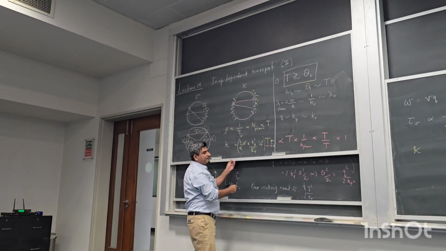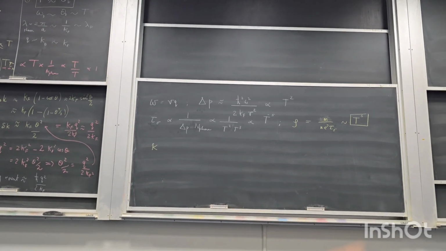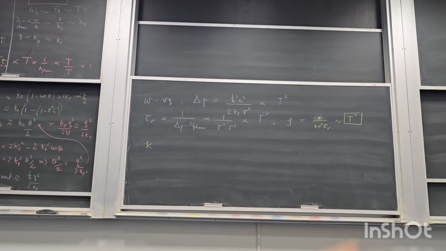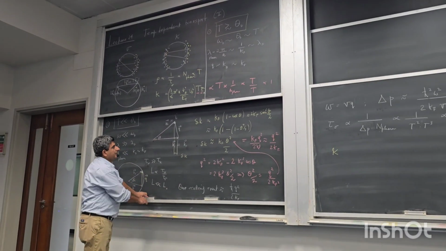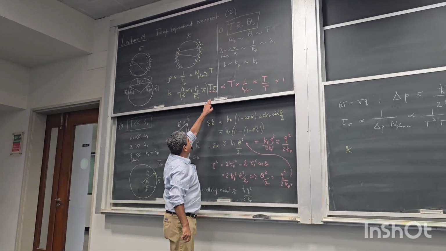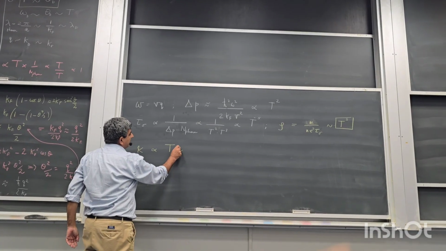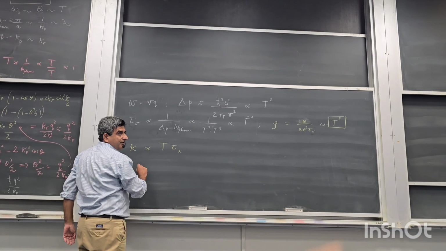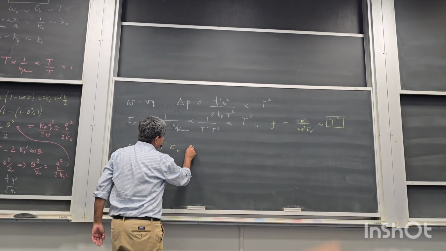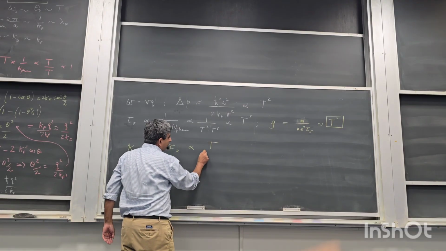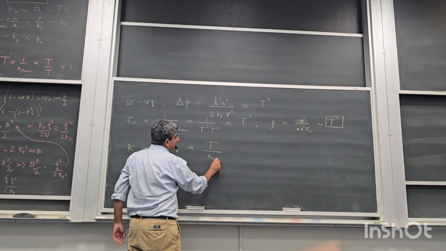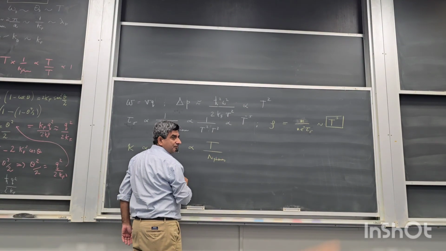So this kappa, which depends upon the product of temperature and tau, is such that this depends upon tau, and this tau mainly depends upon the number of phonons in the system.